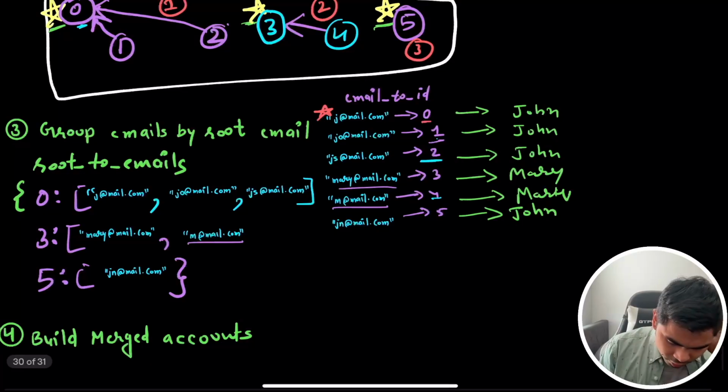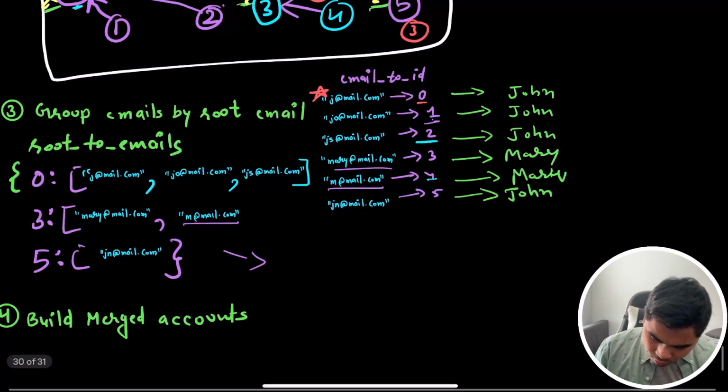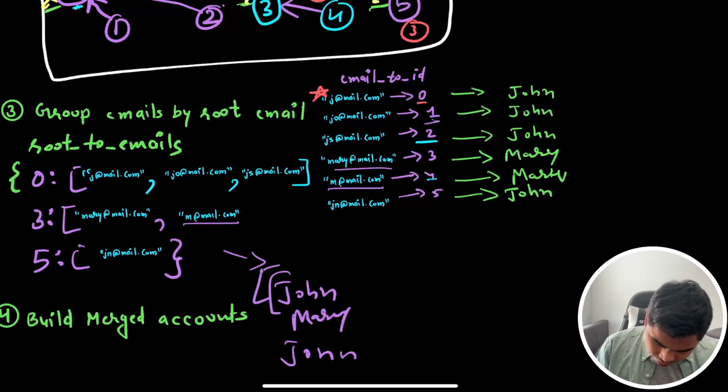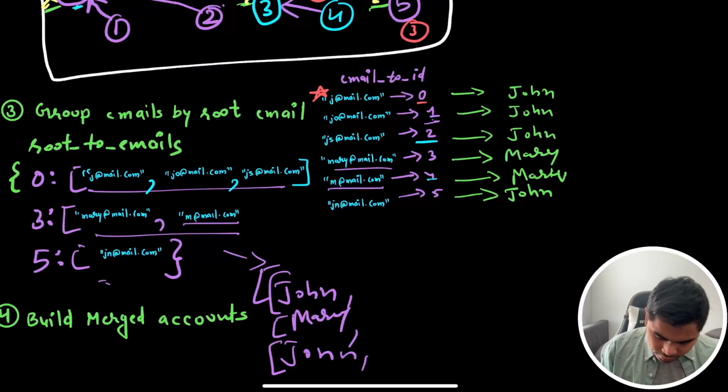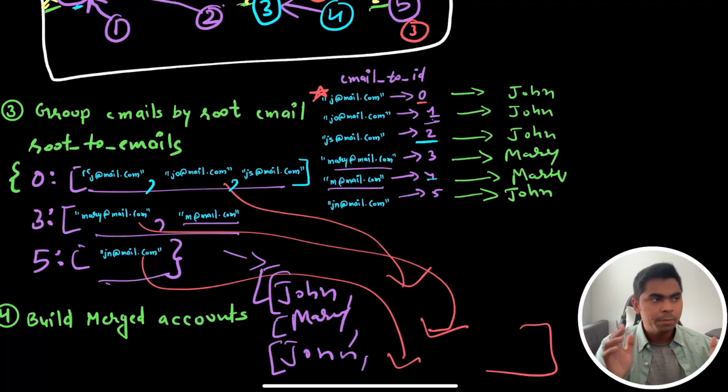So I'm going to visit all these accounts, and next to their names, I'll have John, Mary, and John as these accounts, and next to them will be all these different emails. These different sets: this will be for this John, this will be for Mary, and this will be for the last John, and that will be our answer.